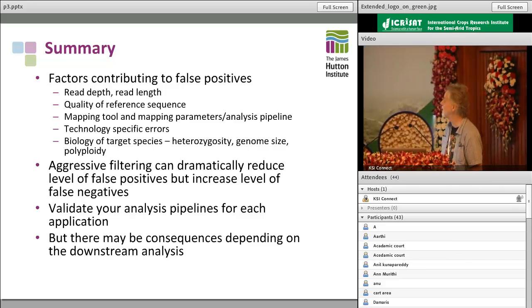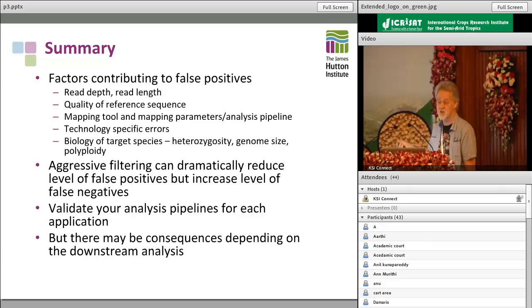Increasingly, if you're accumulating a database of information for your species, you can also ask, is this SNP already discovered in this species? Is there evidence already that this position is polymorphic? There's actually an interesting recent publication on sorghum, which is starting to accumulate that sort of data.